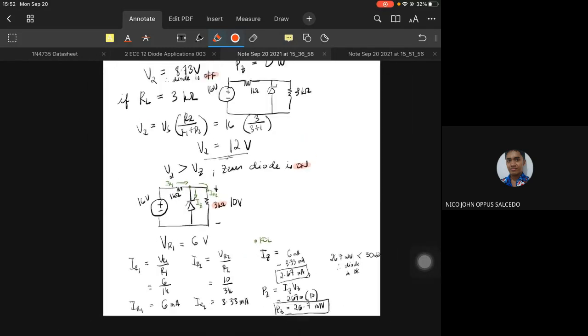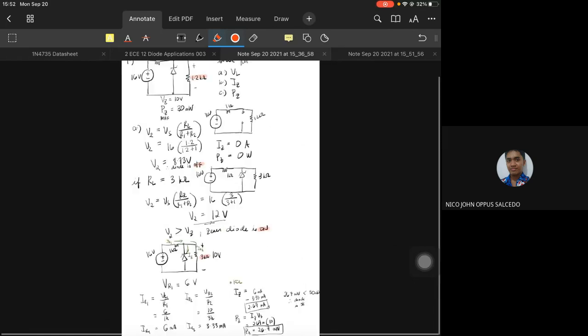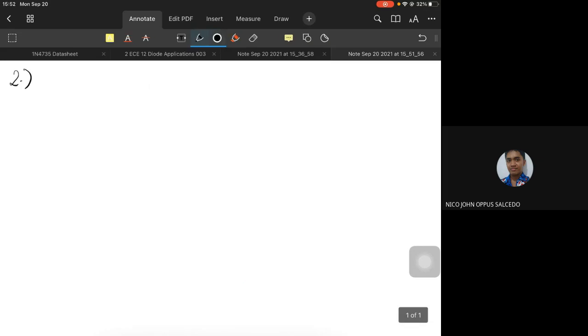So, this gives us an idea that for any circuit there is a specific value of load at which the Zener diode switches between off and on. So, that is our next example. Supposing the same circuit.